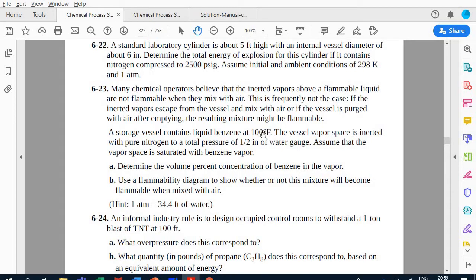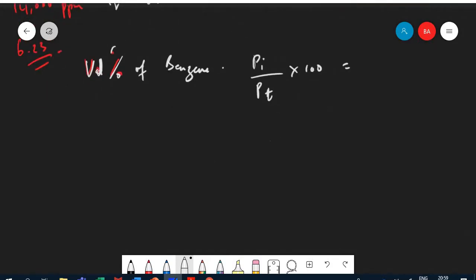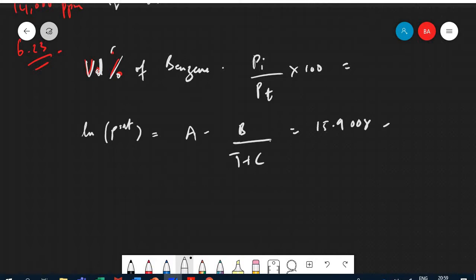So at 100 degrees Fahrenheit, what will be the saturated vapor pressure? In that case, I can use the Antoine equation, where ln P sat, if you can recall, is A minus B over T plus C, which equals 15.9008 minus 2788.51 divided by T minus 52.36.